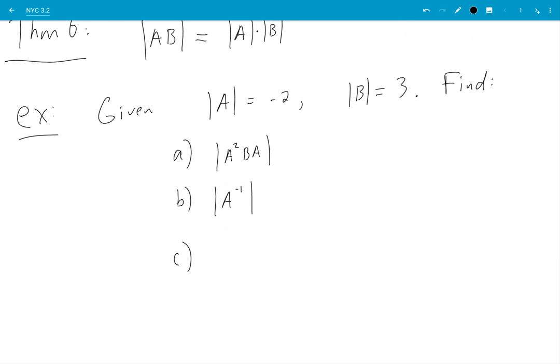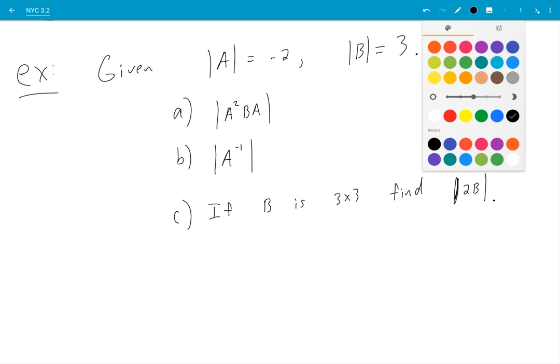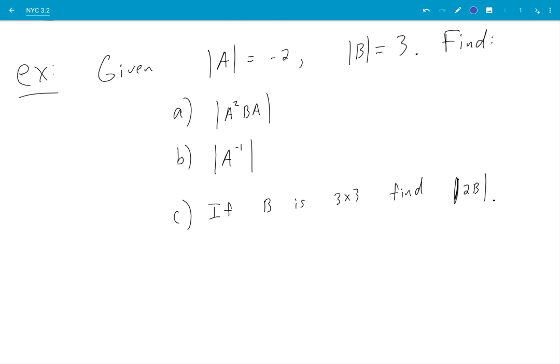And what is the determinant of 2B? 2B, where we give you the additional and necessary information that B is 3 by 3. Okay, let's ponder this. If you're feeling confident, you can try this, but I'm going to go ahead and do it.